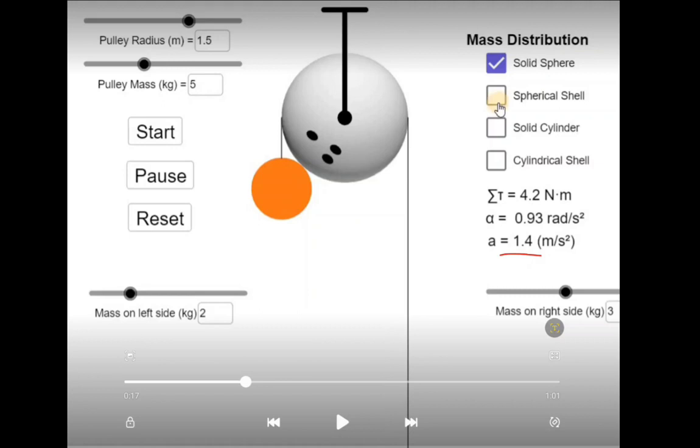The tangential acceleration is equal to 1.42 meters per second squared, alpha is equal to 0.93 radians per second squared, and the net torque is equal to 4.2 newton meters.